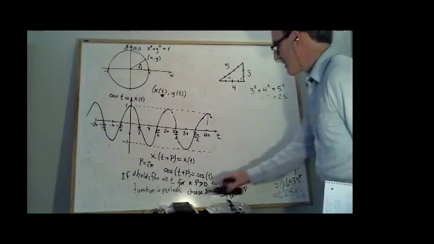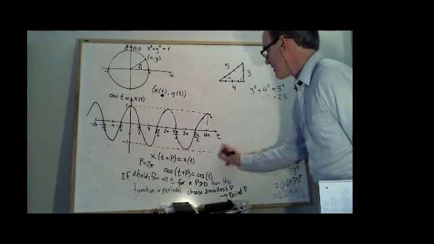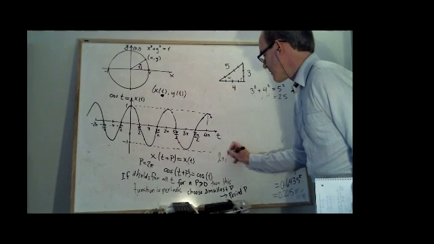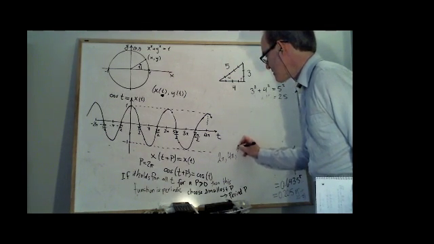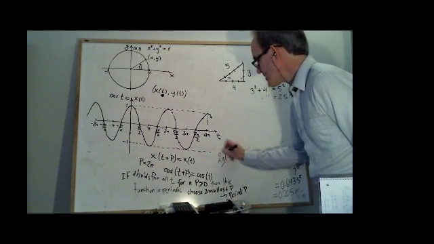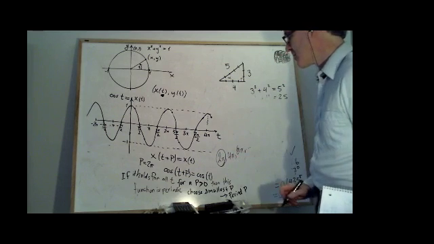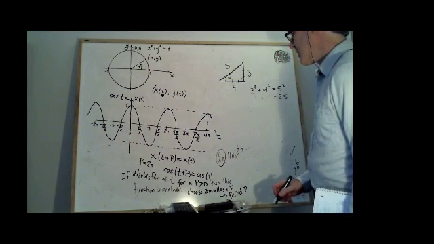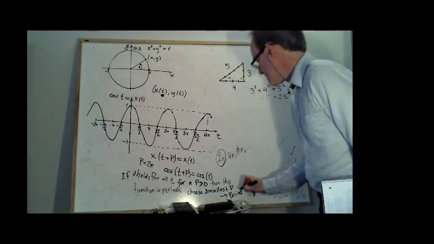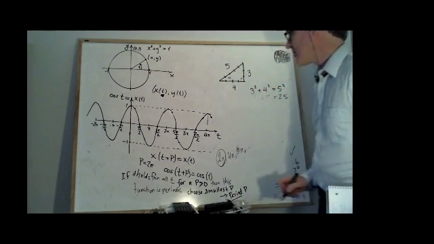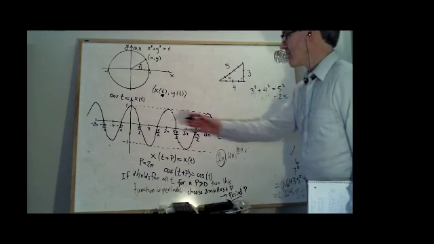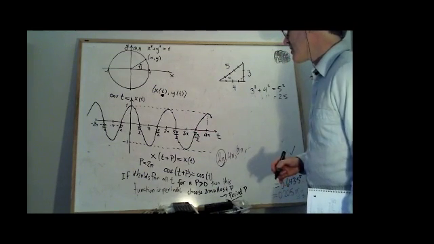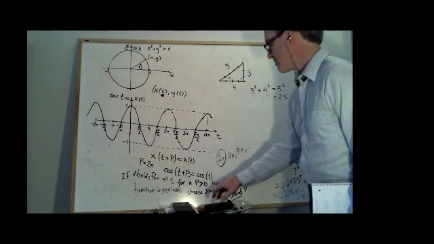So the possible periods would be 2 pi, 4 pi, 6 pi, any positive multiple of 2 pi will do, and you just choose the smallest one. That's what we will call the period of this function. You always try to choose the smallest of these shifts which will make the graph repeat itself.